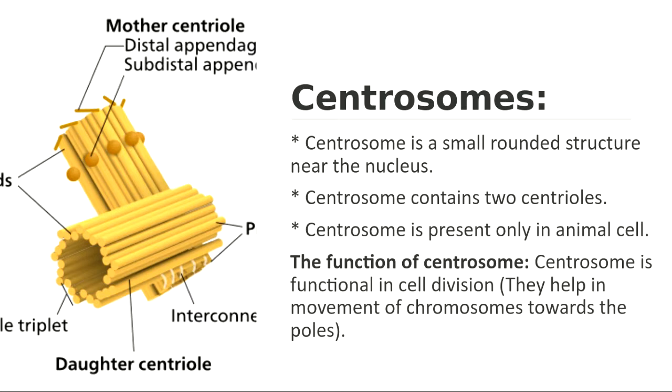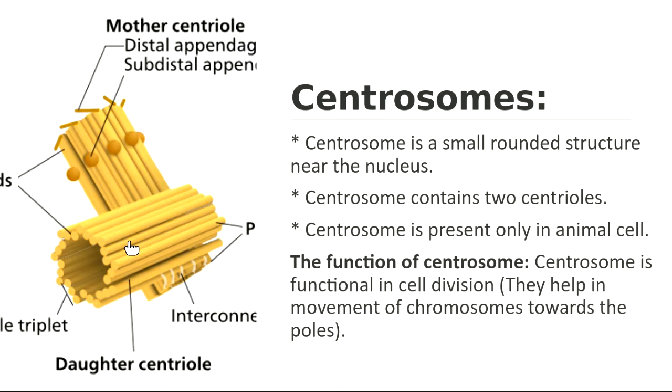So you can see here this is the typical centrosome, which consists of two parts, and each part is known as a centriole. Each centriole consists of nine triplet structures: 1, 2, 3, 4, 5, 6, 7, 8, 9.